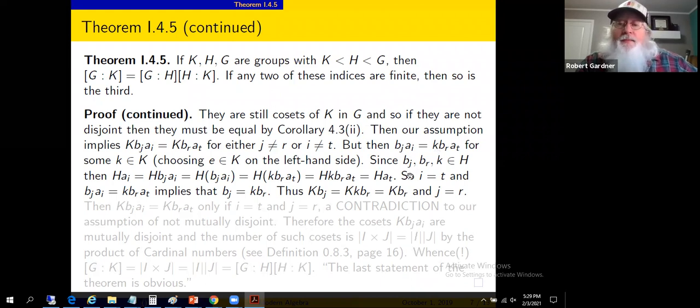Now, H was a subgroup of G, K a subgroup of H. H is the middle group. What we're doing here is the B sub J and B sub R, those were chosen in H because we got to this stage by taking right cosets of K in H. That's where the B's came from.